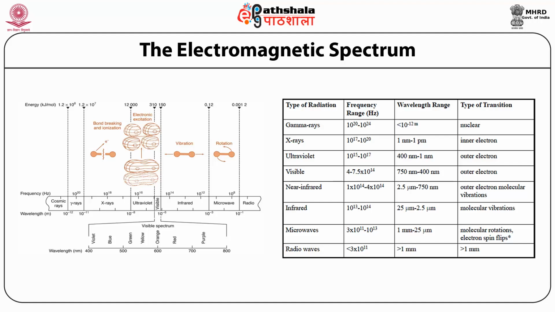The visible region is flanked by higher energy ultraviolet, UV, and lower energy infrared and microwave regions. These frequency ranges are the most widely used in spectroscopic measurements, as they can each provide key structural insight into analyte molecules.